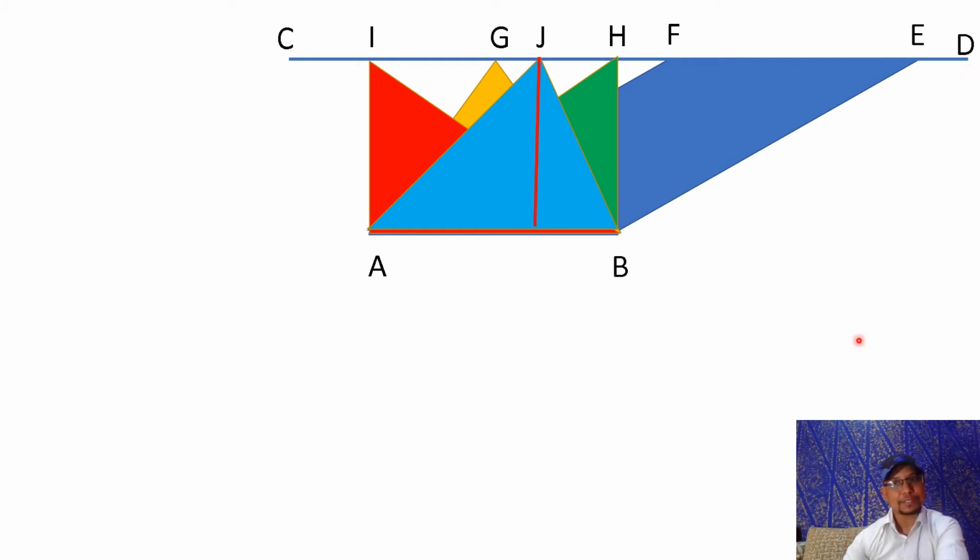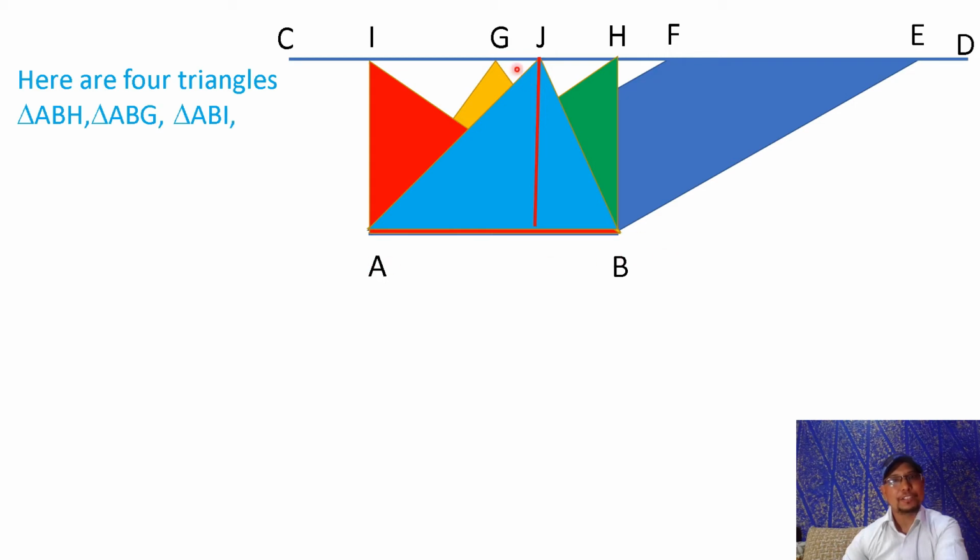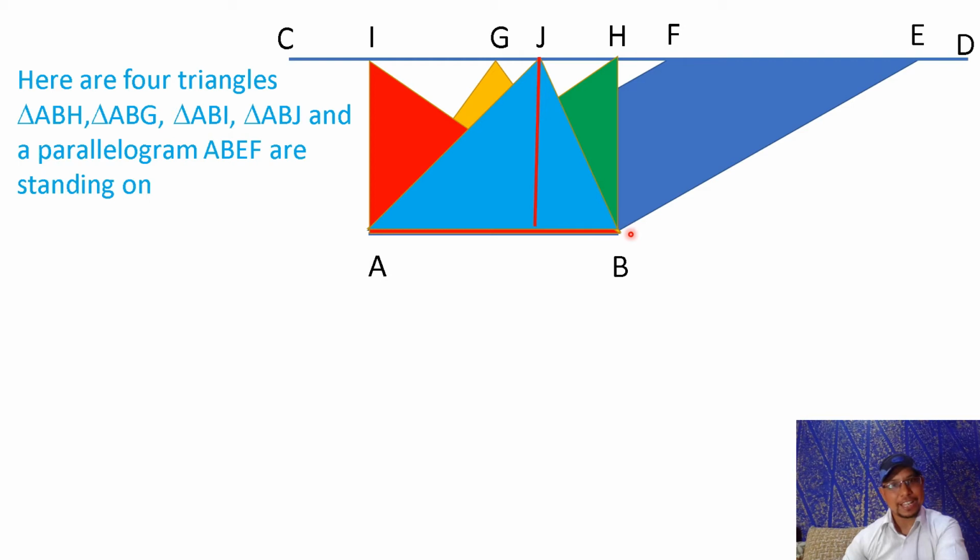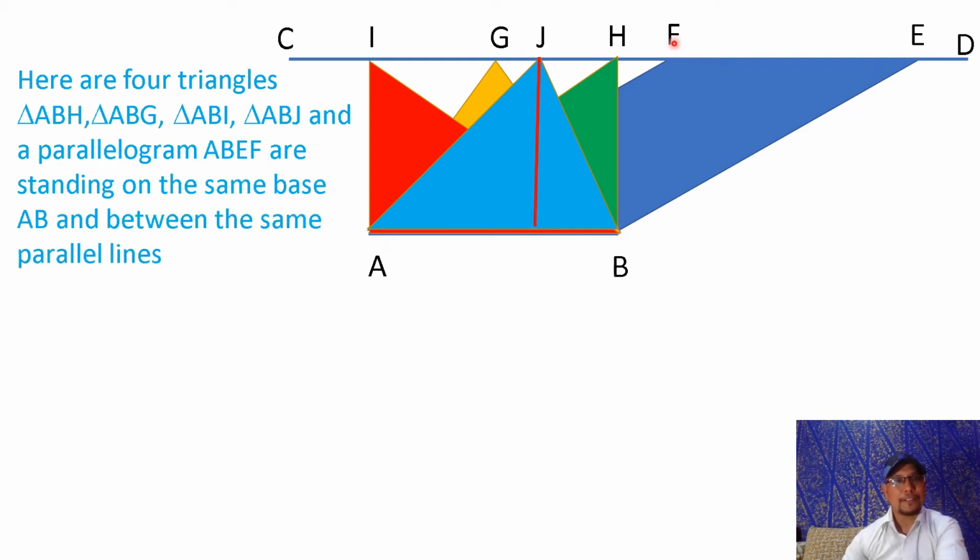Okay students, here the 4 triangles ABH, ABG, ABI and ABJ and the parallelogram ABEF are standing on the same base AB and between the same parallel lines AB parallel CD, and we are supposed to prove that the area of all these triangles is half of the area of this parallelogram.